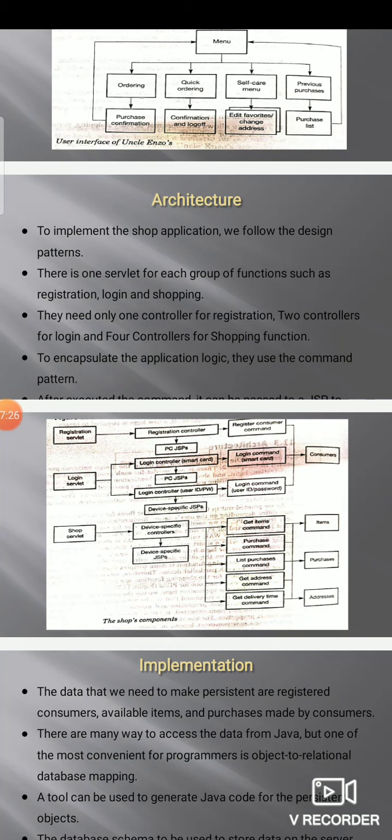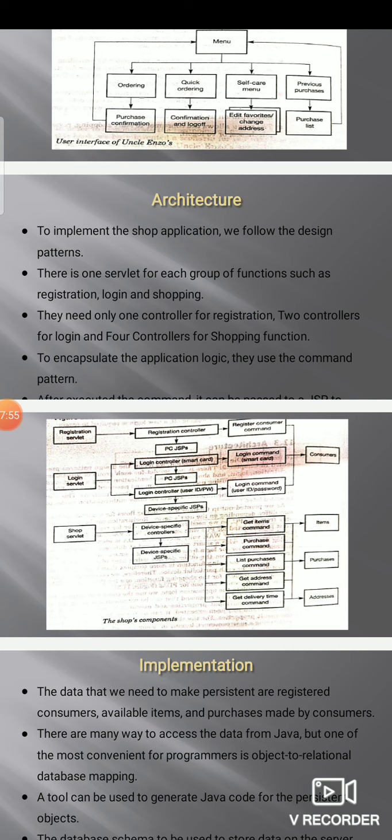Okay, the data that we need to make the precise registration for the customer, the available items, and also the purchases made by the customer. There are many approaches to access the precise data from Java, but one of the most convenient for the programmer is object-oriented relational database mapping. This is the most prominent mapping data type. After defining the type, we can persist the objects that are needed for the association.